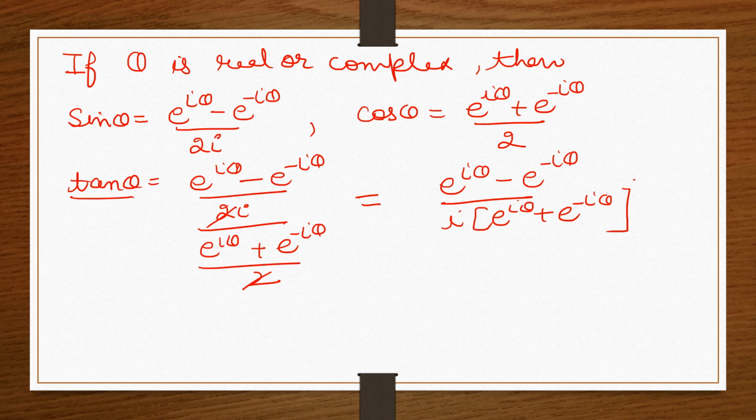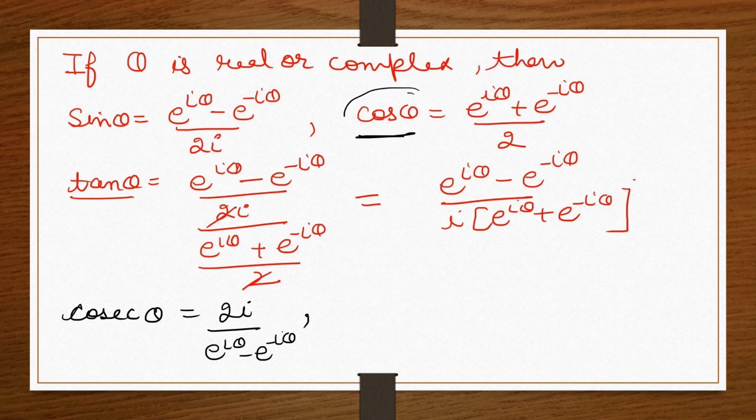Now similarly we can find the other identities also. For example, what is the value of cosecant theta? Cosecant theta will be the reciprocal of sine, so this will be 2 iota by e power iota theta minus e power minus iota theta, right? And what is the value of secant theta? That comes from cos, the reciprocal, so secant theta will be 2 by e power iota theta plus e power minus iota theta.